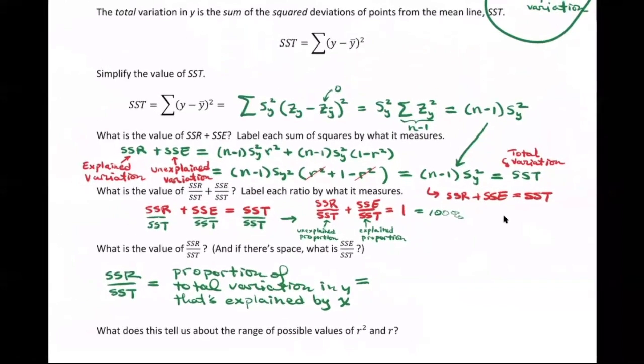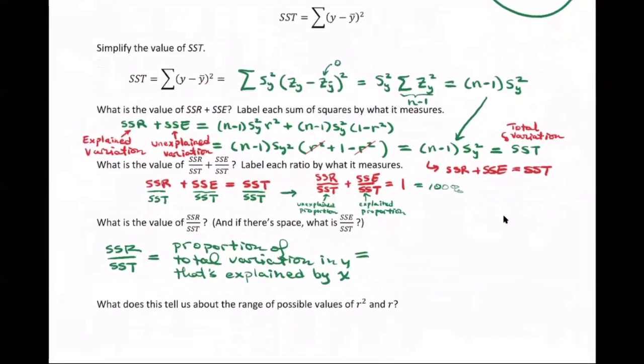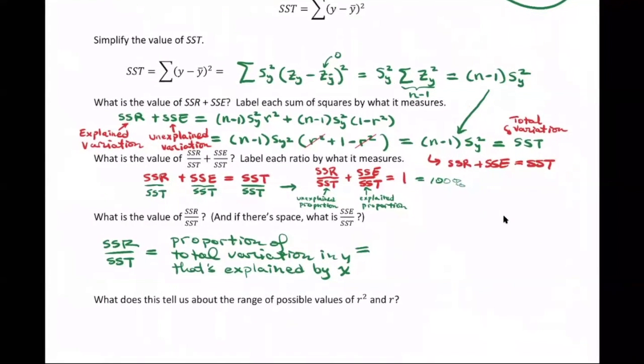SSR is somewhere here. You can see it up above, it's n minus 1 sy squared times r squared over the total variation, which is just n minus 1 times sy squared. Okay, and of course there's cancellation.